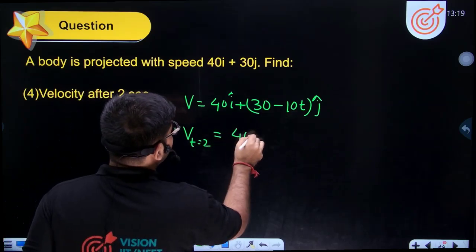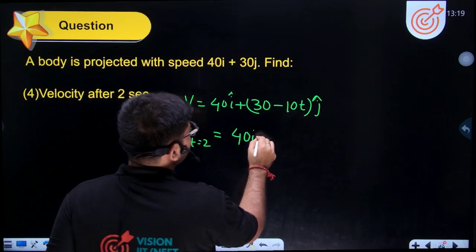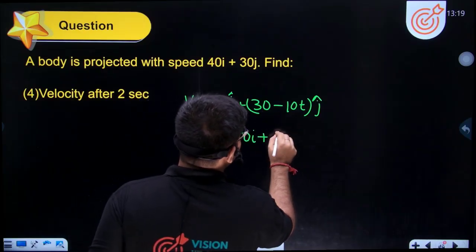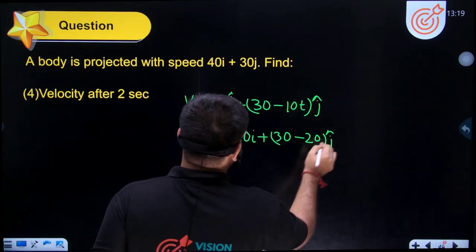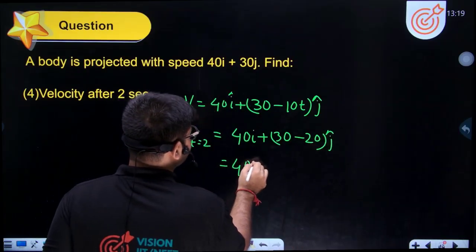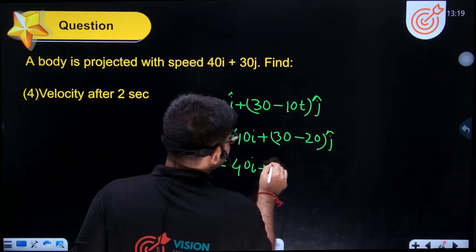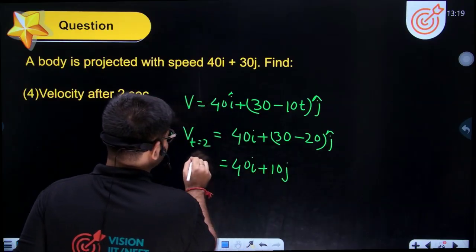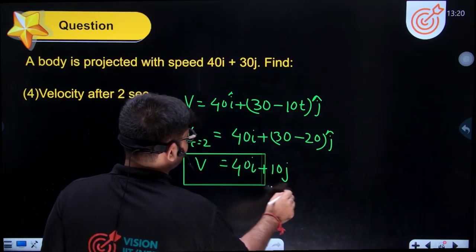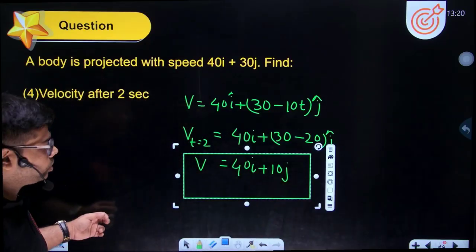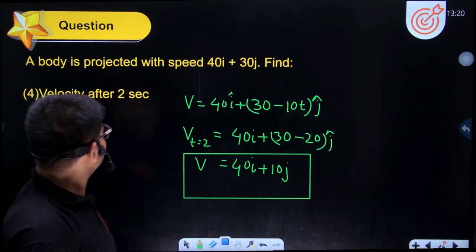So it is going to be 40i plus 30 minus 20 j. So the velocity is going to be 40i plus 10j. This is the velocity after 2 seconds. ये velocity आपको मिलेगा after 2 second. ठीक है?